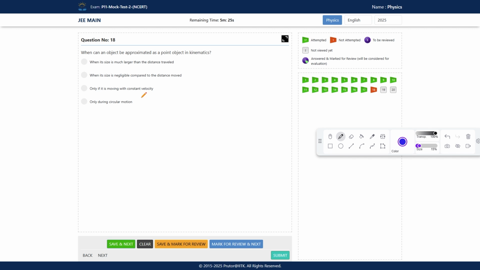An object can be treated as a point object if its size is much smaller than the distance it covers in a reasonable time. So this one is correct. Yes or no?